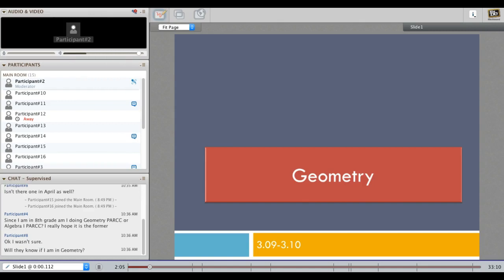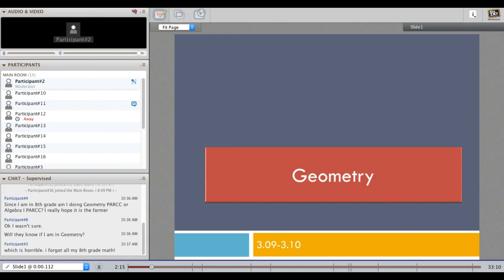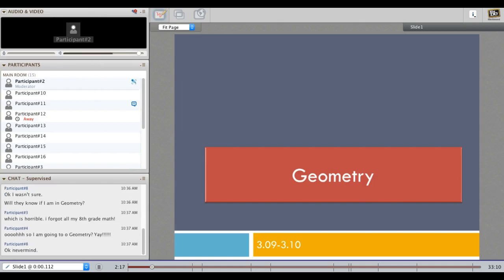So since you guys are all in geometry, you'll be taking the geometry test, which makes sense, right? Because that's what you're going over right now. And so that's what we should be testing you on, rather than Algebra 1 that you had last year. Yes, you guys should all be taking geometry when you get to Park, okay?